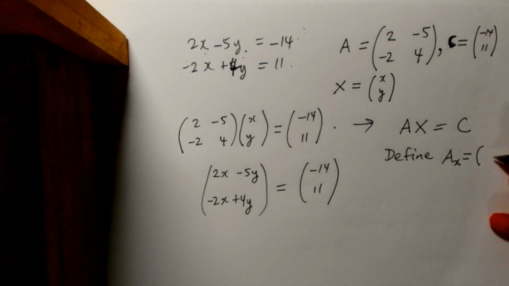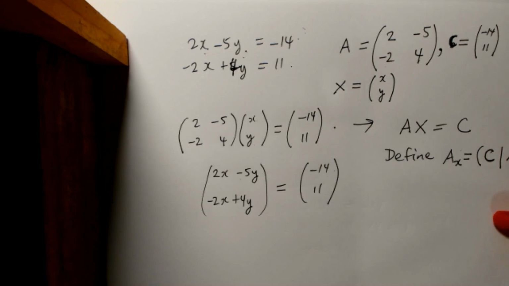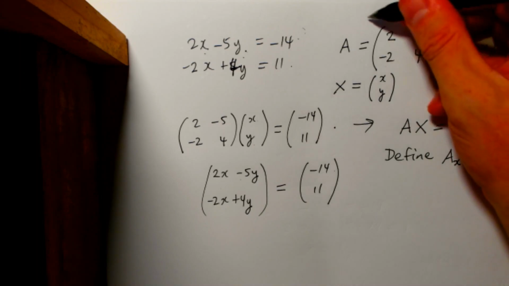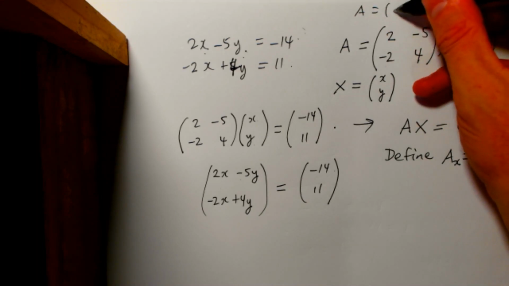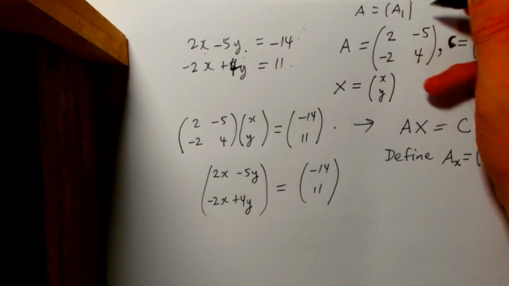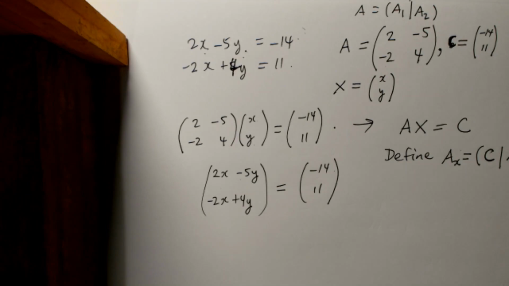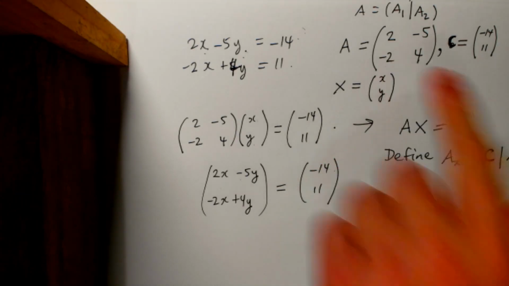So I'll write C instead, because we're using the letter C here. So C concatenated with A2. Now A2 is just the second column, so I'll write up here A equals A1 concatenated with A2. That just means glue the two columns together to form this matrix.